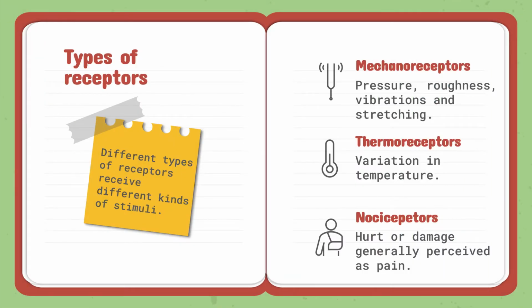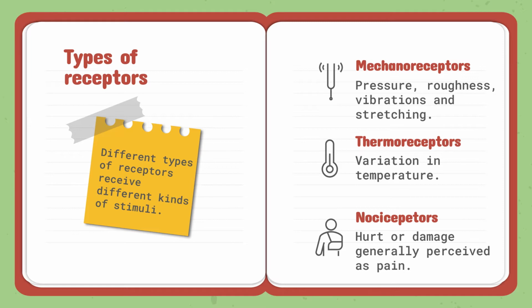Now, we already know what a receptor is. Now, we're going to talk about the different types of receptors. Different types of receptors receive different kinds of stimuli. So let's talk about mechanoreceptors. These receptors respond to mechanical forces such as pressure, roughness, vibration, and stretching.